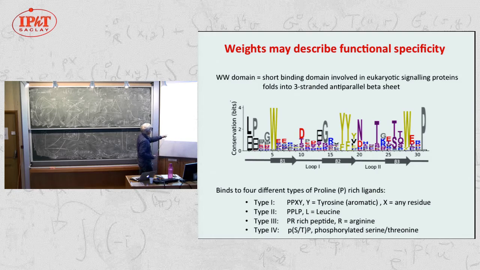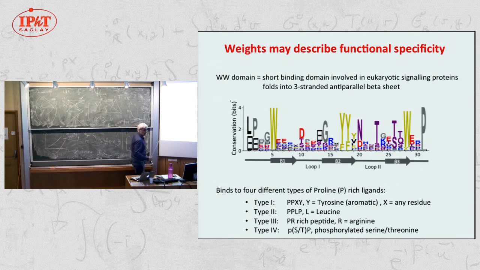This is just telling you the 1-point statistics in the sequence data. There are two sites, 5 and 28, where W is very strong. That means the tryptophan has a very high probability. This is why this is called the WW domain, because W is the letter for tryptophan.